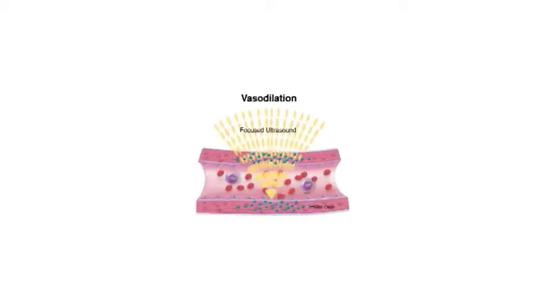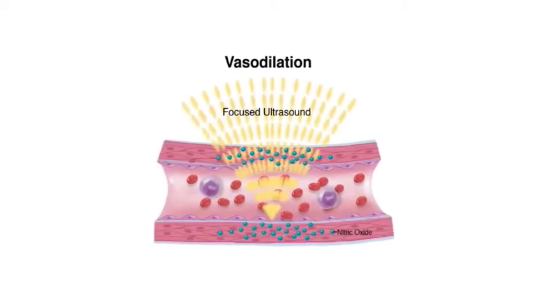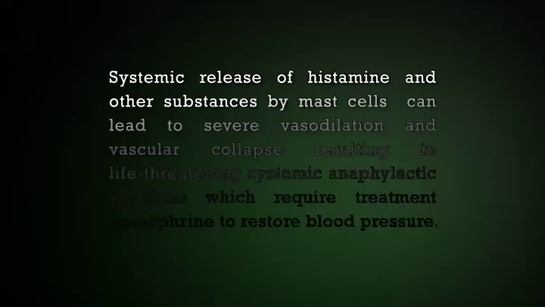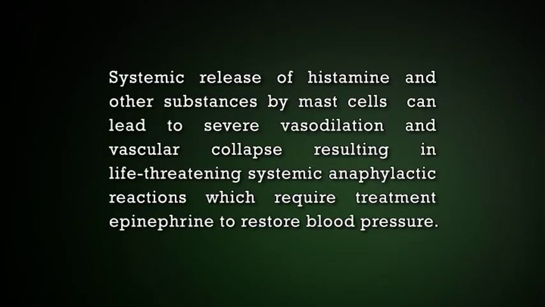These mediators have a direct effect on nearby blood vessels, causing vasodilation. For example, systemic release of histamine and other substances by mast cells can lead to severe vasodilation and vascular collapse, resulting in life-threatening systemic anaphylactic reactions which require treatment with epinephrine to restore blood pressure.